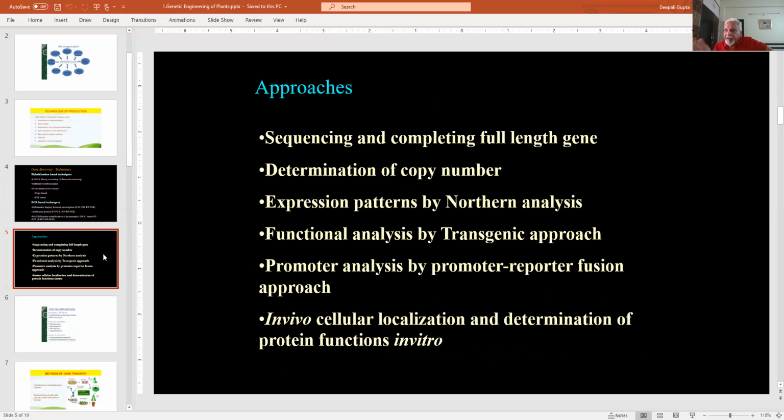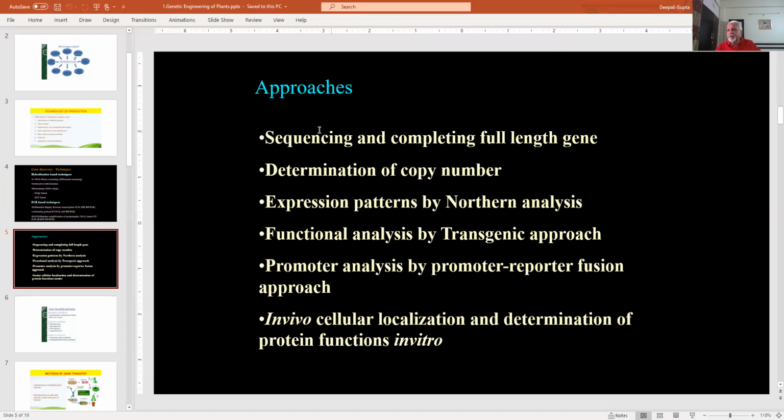Once you have a gene in hand which you have cloned, by using any one of those approaches, then what needs to be done is that you need to have the sequencing done and then complete the full length gene sequence. You know, that's very, very important.